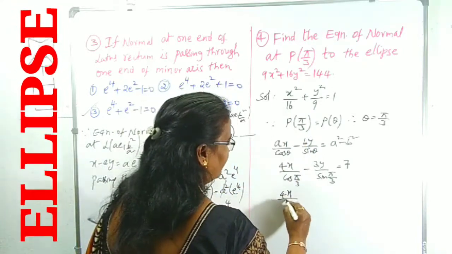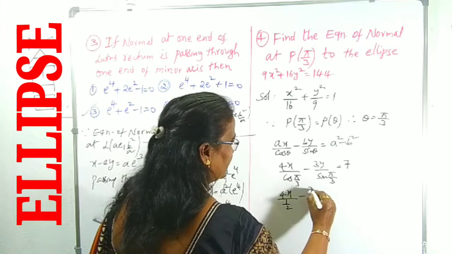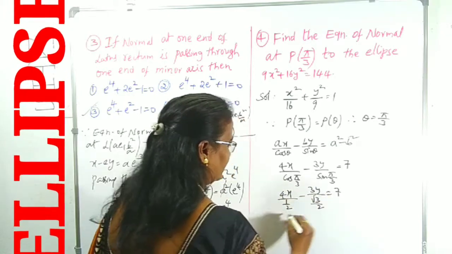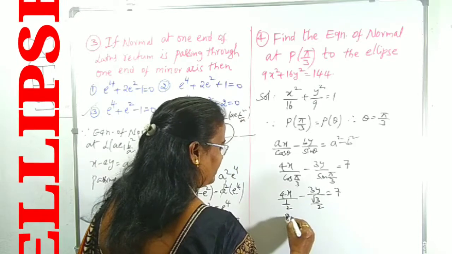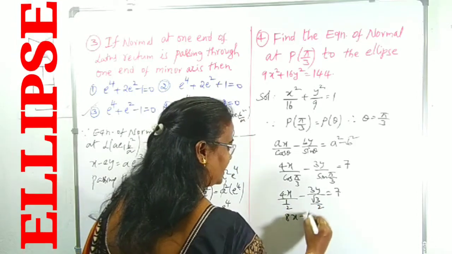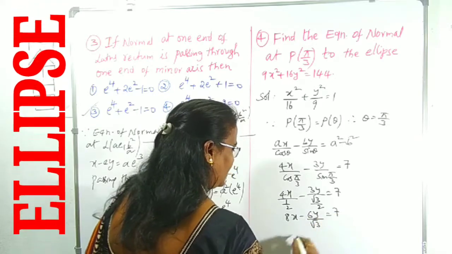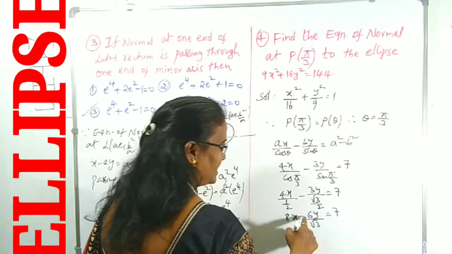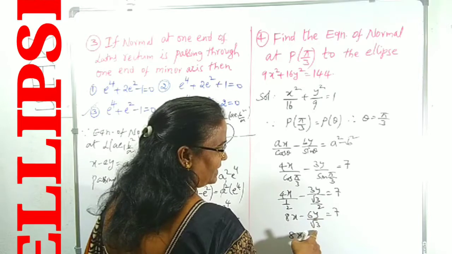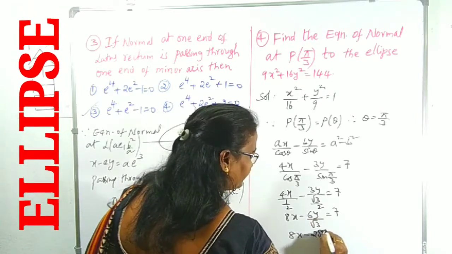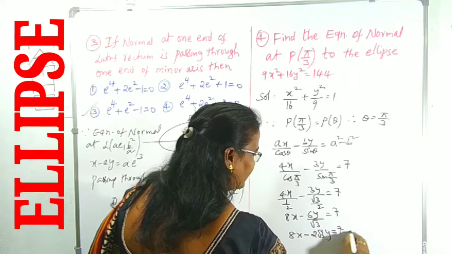4x by 1 by 2 minus 3y by root 3 by 2 is equal to 7. It will become 8x minus 2 into 3y by root 3 is equal to 7. This we can write as 8x minus 6y by root 3, which is 2 root 3 y, is equal to 7.